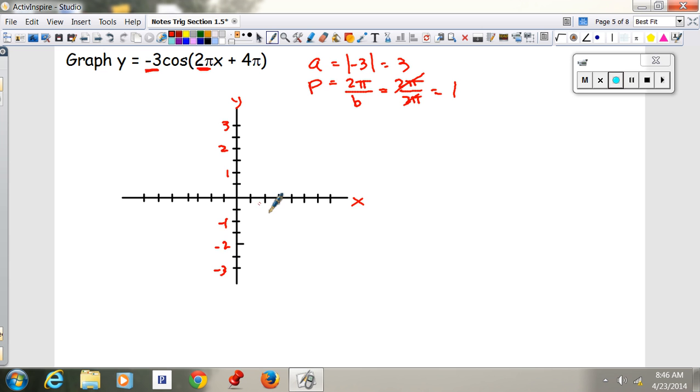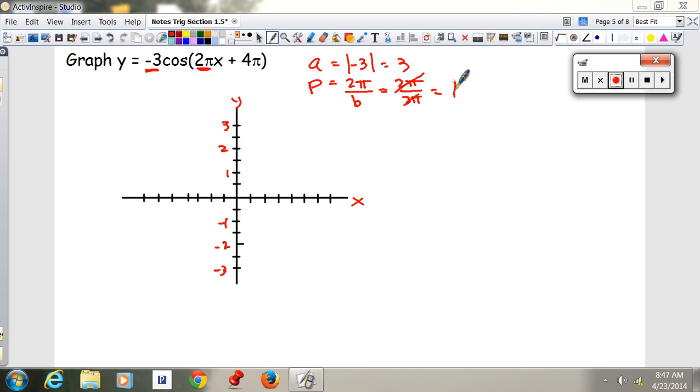Normally, you have a pi down here, and you'd have pi radians, which is 3.14 radians. In this case, I only have 1 radian. That means that from one starting point to the next starting point would have a distance of 1 radian. All right, so 1 radian is going to be a period.